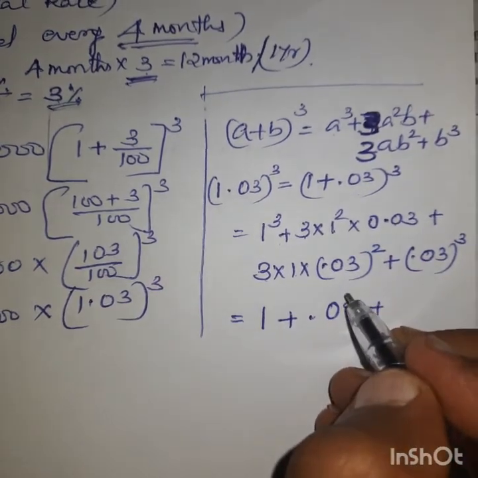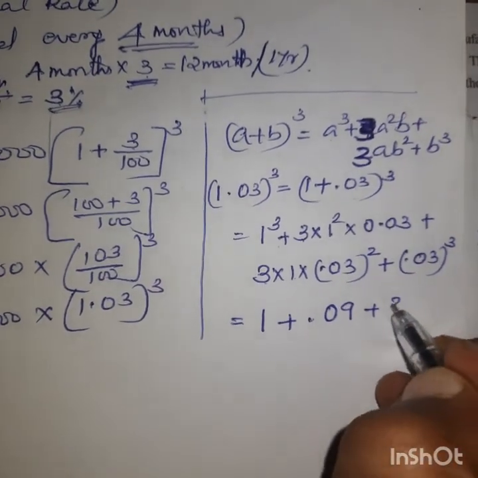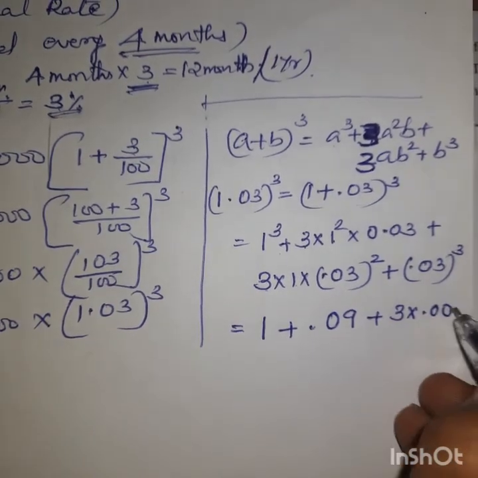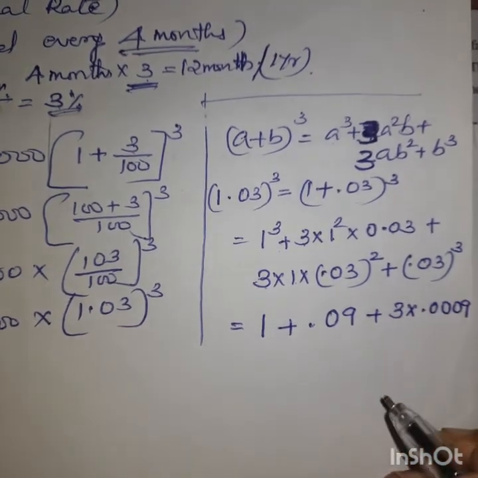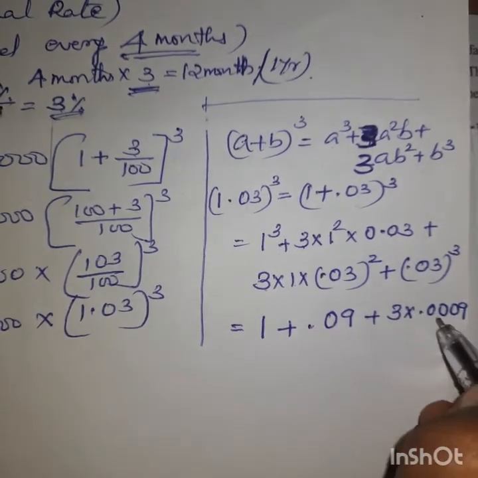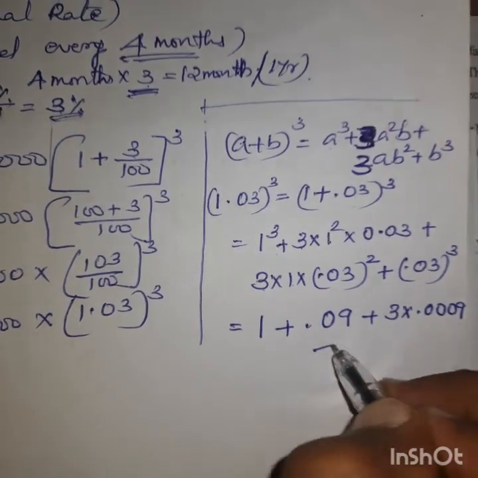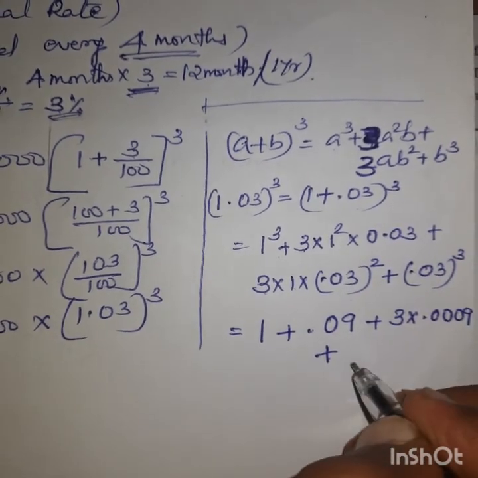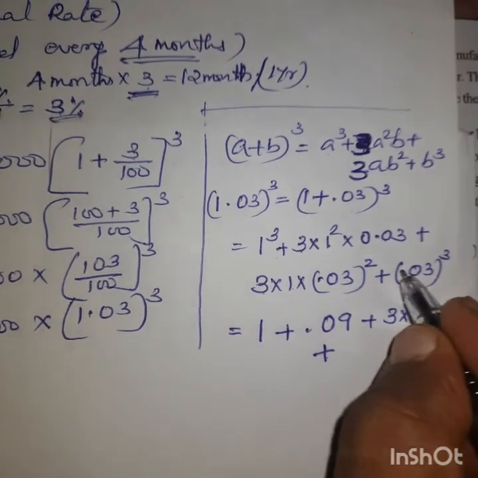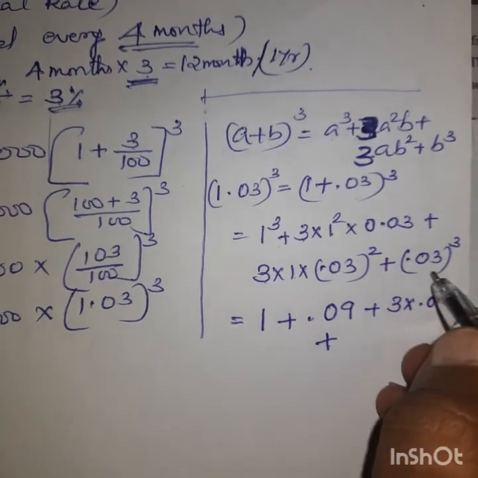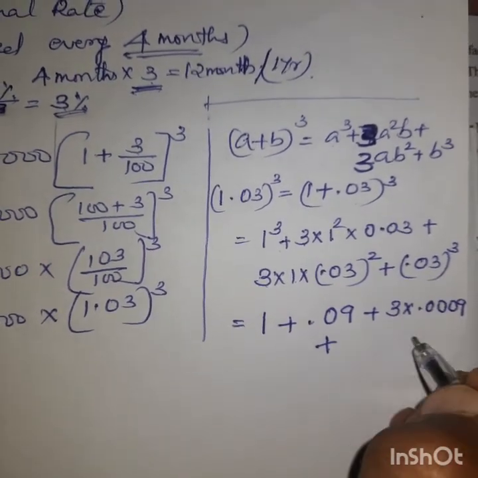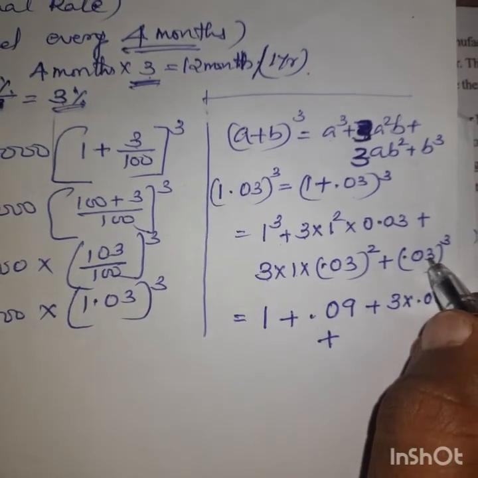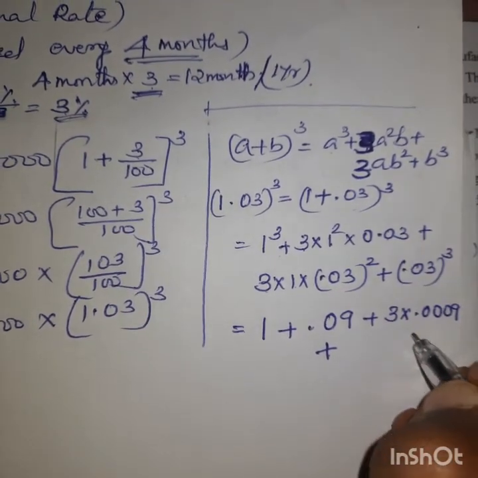Plus 3 into 1 into 0.03 whole square. 0.03 whole square is how much? 0.0009, because 2 decimals should be doubled. Plus 0.03 whole cube, that is 0.03 into 0.03 into 0.03, so 6 decimal places there. 3 square is 9, 9 into 3 is 27.